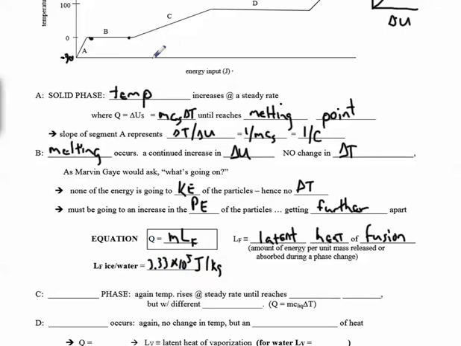So now we're in the full liquid phase. Now we're going to steadily increase once again until we reach the boiling point, which can be seen at D right here.